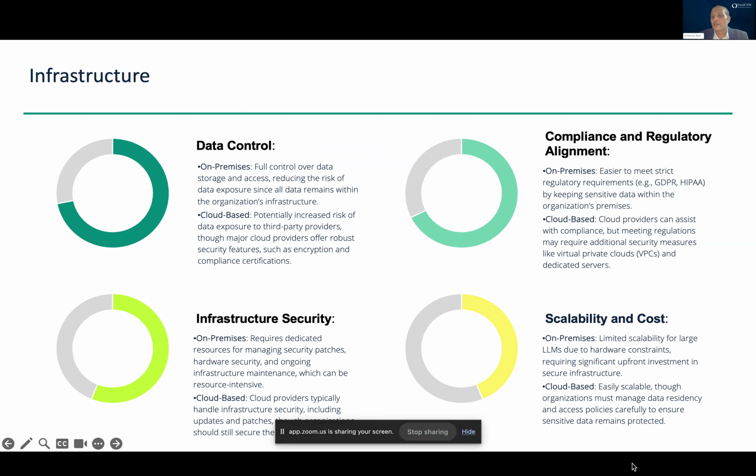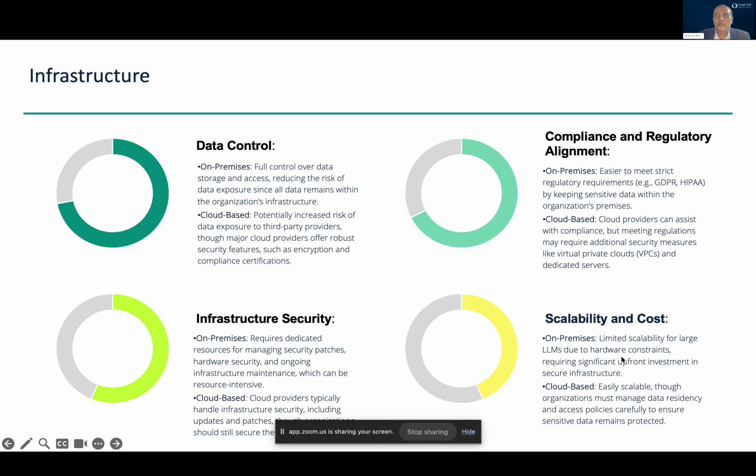When it comes to cloud-based, it's on demand, as we all know. Typically, the scaling of the servers is pretty much taken care of by frameworks like SageMaker. But with on-premise, if you have to provide that kind of scalable infrastructure, there will be a lot of upfront cost investment. That's the downside of on-premise.